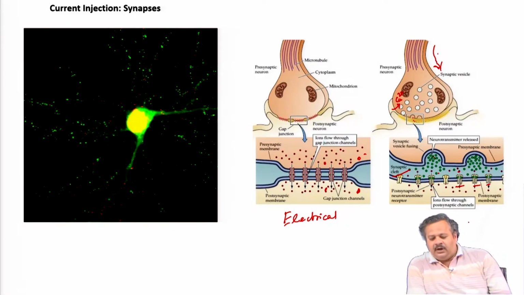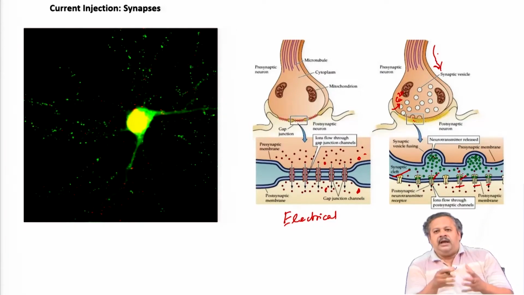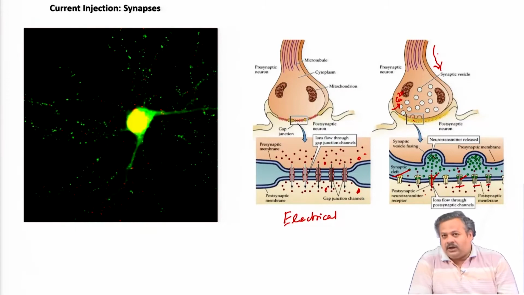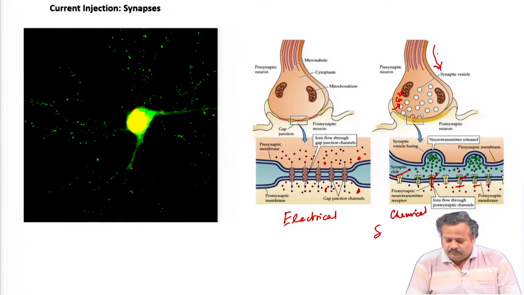We have these ligand gated receptors, as we saw. When the neurotransmitter binds to these receptors, they have a conformational change and open, and that allows ions to flow through depending on the kind of receptor. So, these are what we call chemical synapses.